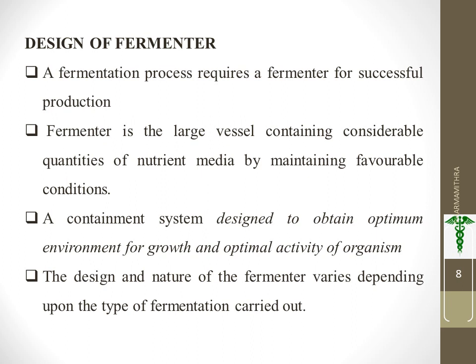That is, by maintaining favorable conditions, we add the nutrient media into a large vessel, and that large vessel can be called a fermenter. This containment system is designed to obtain the optimum environment for the growth as well as the optimal activity of the organism. The design and nature of the fermenter varies depending upon the type of fermentation we are carrying out in that fermenter.